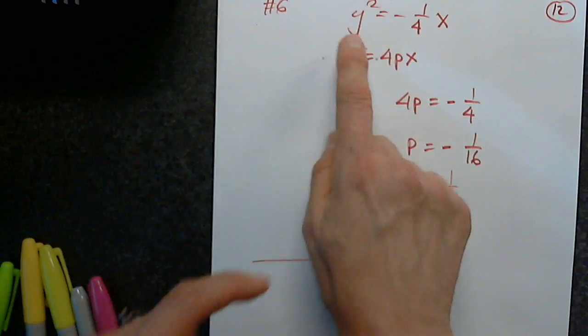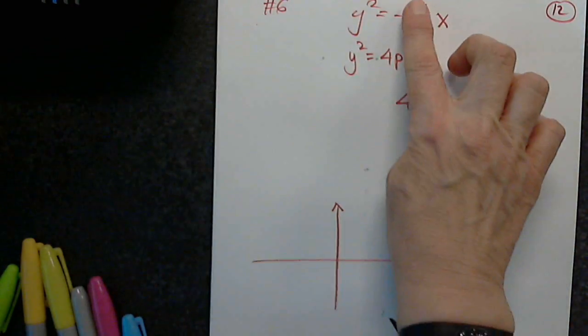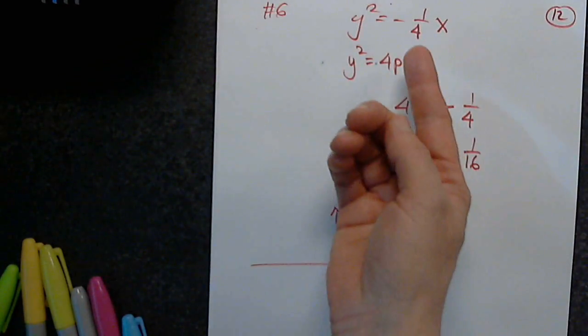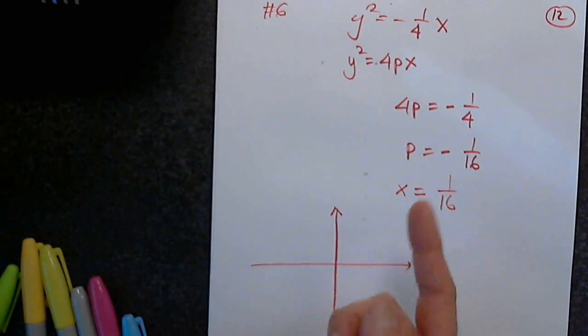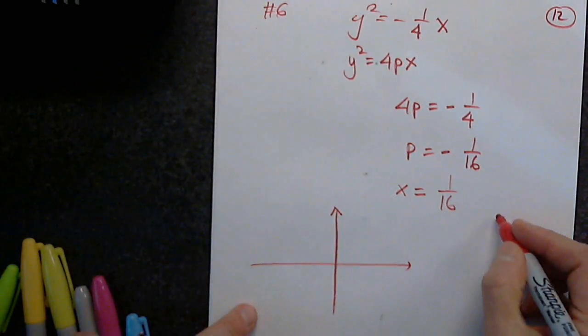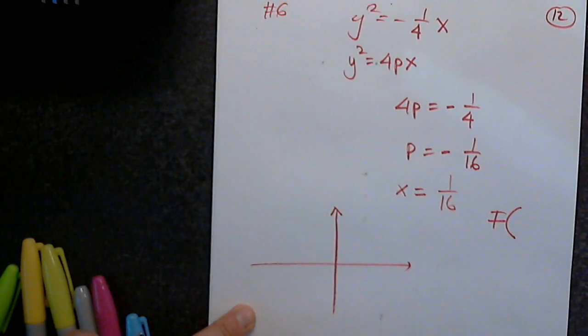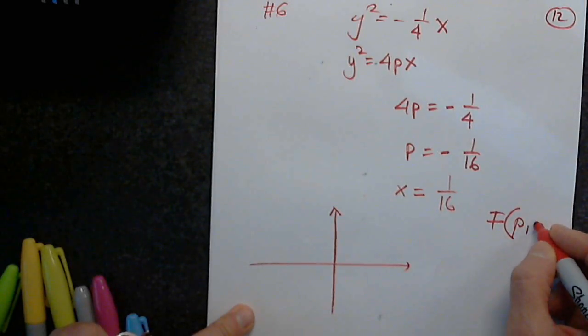So when I'm given the equation y squared equals a number times x, I know that this must be 4p. I set 4p equal to negative 1/4 and divide both sides by 4 to get p. Remember the focus, because it opens left or right, is p comma 0.